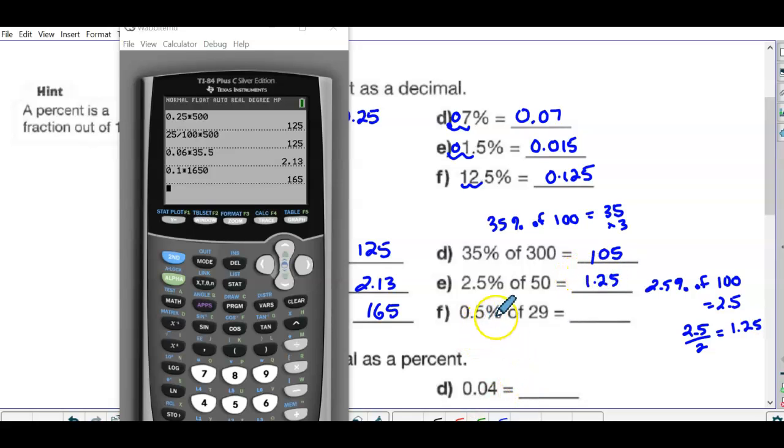Okay, and then 0.5% of 29, again, you can use your calculator. That would be 0.005. So just make sure you're aware of that. But if you want a fast way without a calculator, think 0.5% is half of 1%. Well, 1% of 29 is just moving the decimal 2 to the left, so 0.29.